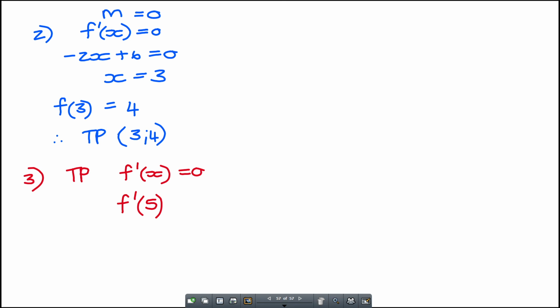Verstaan julle? Okay, so if I go substitute it in, minus 2 times 5, plus 6, dan gee dit vir my minus 4. And what is derivative again? Derivative is mos gradient, nee. So as die gradient minus 4 is, then it's a decreasing function.